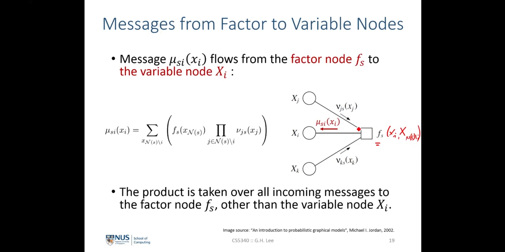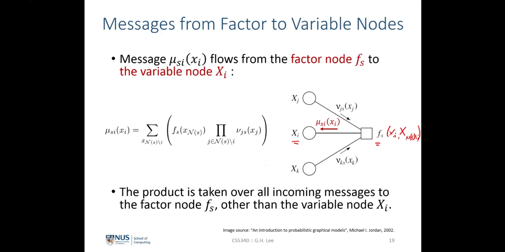Since we are passing the message from the factor node fs into the random variable node xi, it should not consist of any random variable other than xi itself.